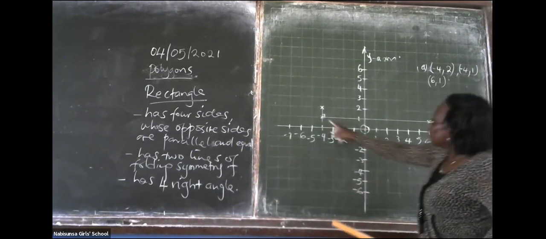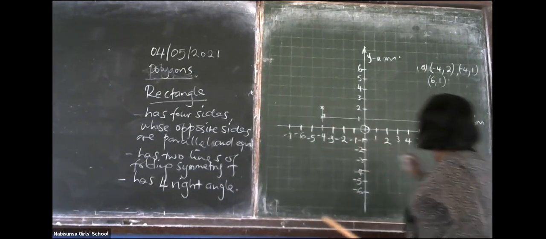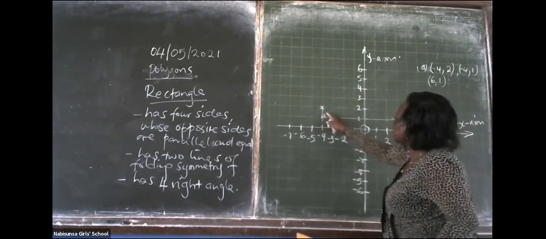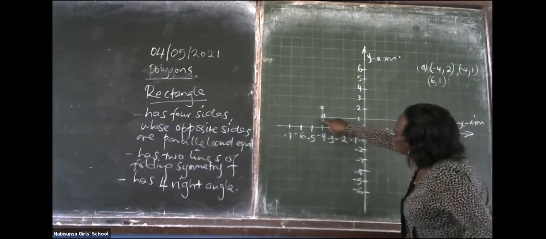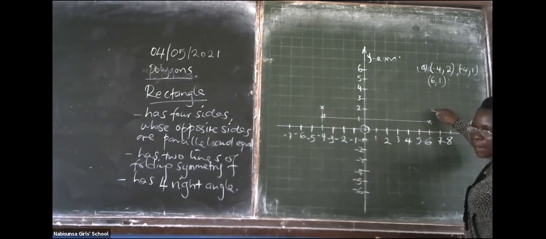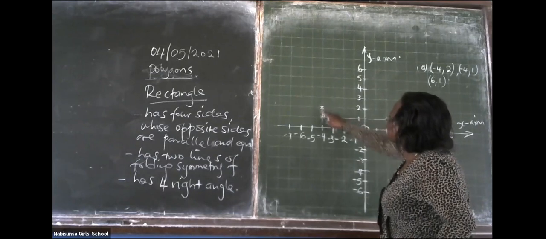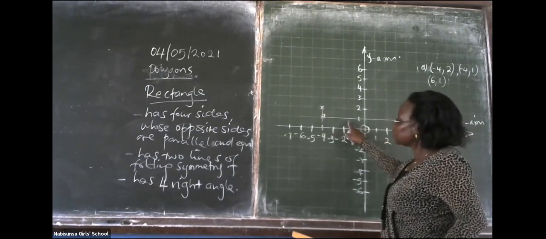Now, the way we are moving from this point to that point is the same way we shall move from this point to the last point, for the two to be parallel. How do we move from this point to that point? Do we move any step across?